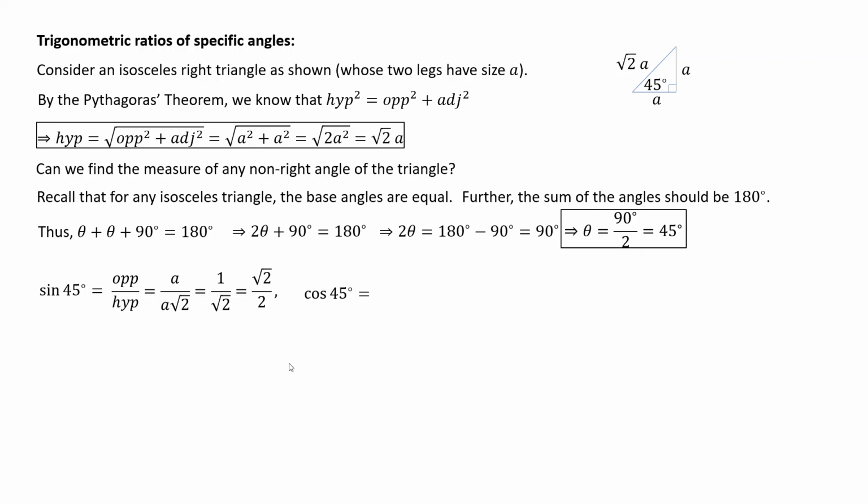And cosine of 45 degrees, similar idea, adjacent over hypotenuse, turns out to be 1 over square root of 2, and that's square root of 2 over 2. What? You mean sine of 45 degrees is the same as cosine of 45 degrees? Yep. And it's equal to square root of 2 over 2.